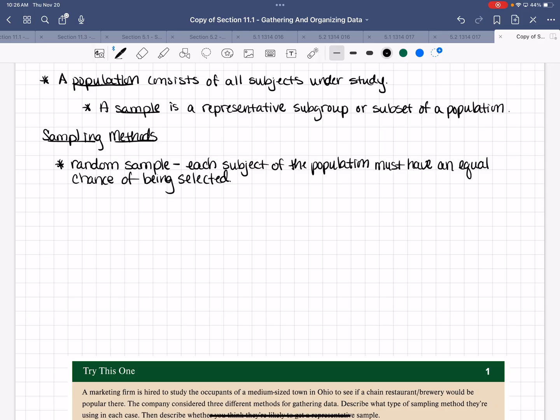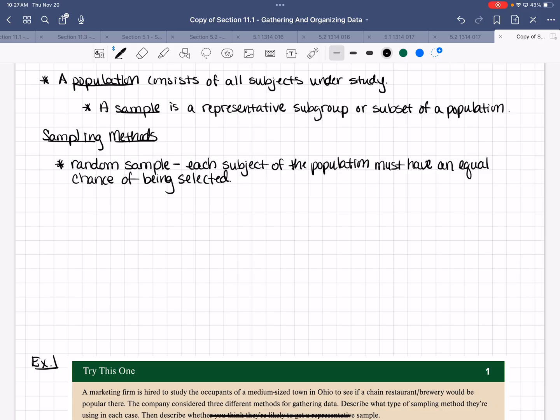Now, there are different types of random samples. Okay? We're going to talk about 3 different types, and then example 1 down here asks you to determine which of the 3 types it is. Okay? Then they also ask you, would it be a good random sample? Okay?